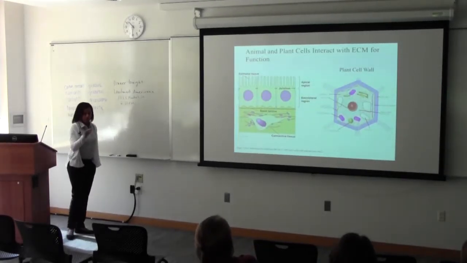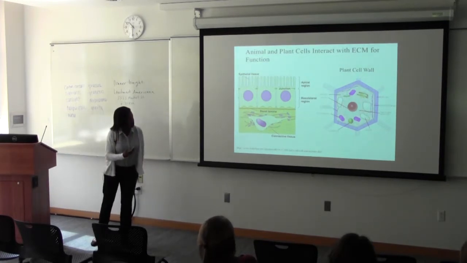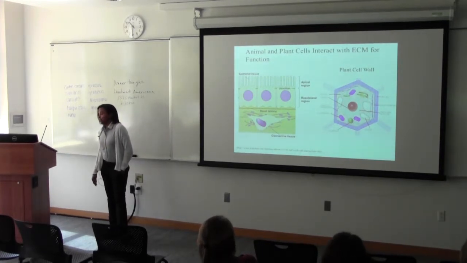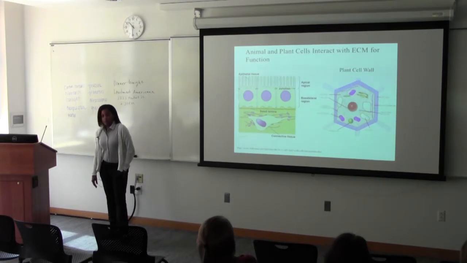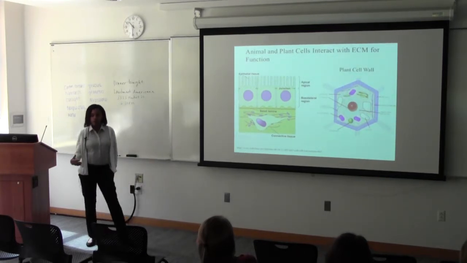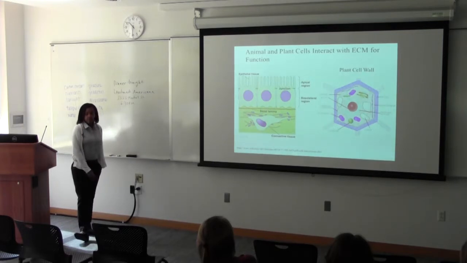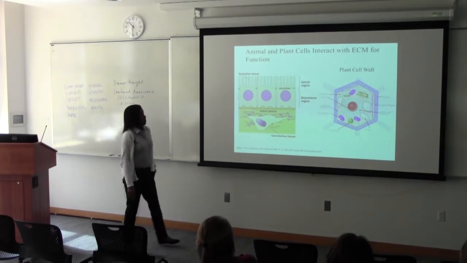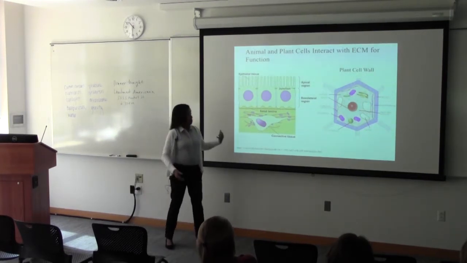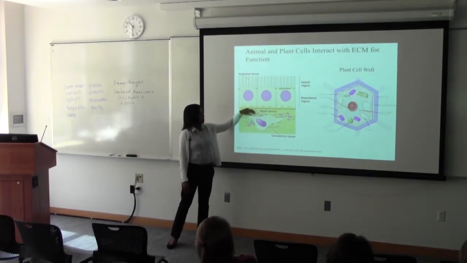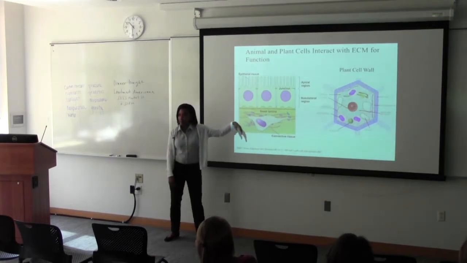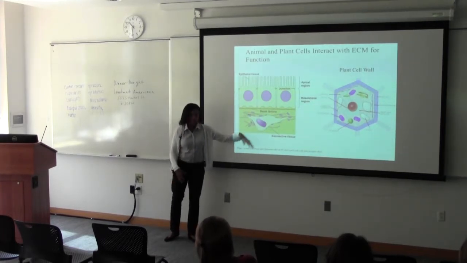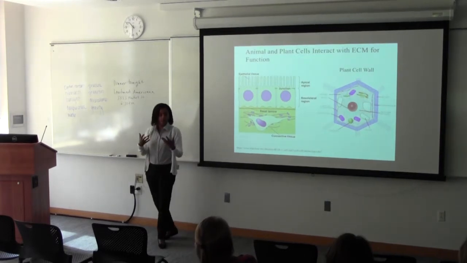What you've been learning already, so I can skip through this pretty fast, is the extracellular matrix that cells interface with, which will dictate their function to some degree. Animal cells, shown here, whether epithelial-like cells or mesenchymal cells, will interface with that surrounding matrix, whether it's a dense basal lamina, or, if mesenchymal, a loose connective tissue-like matrix.